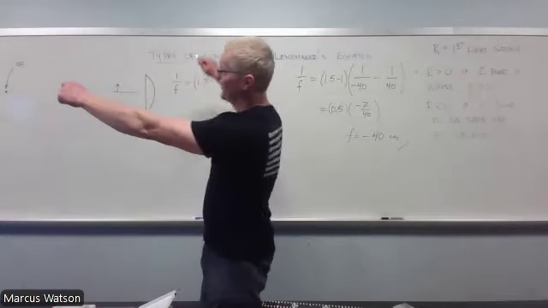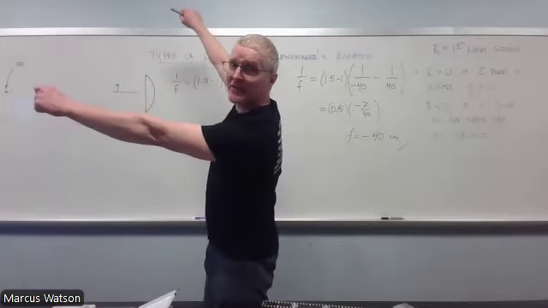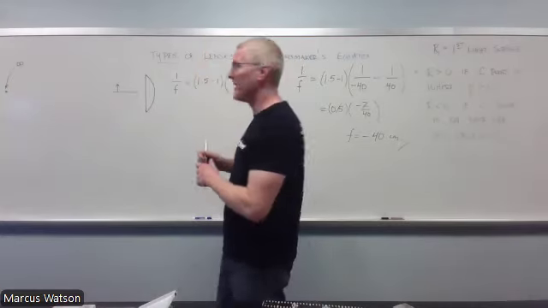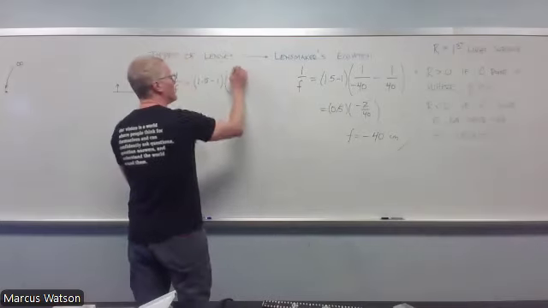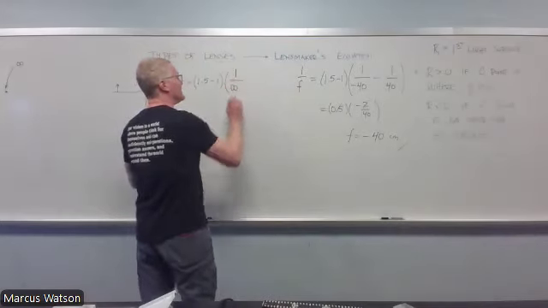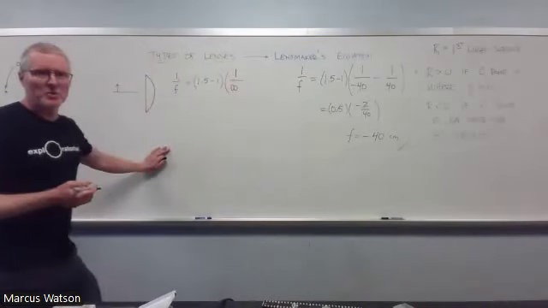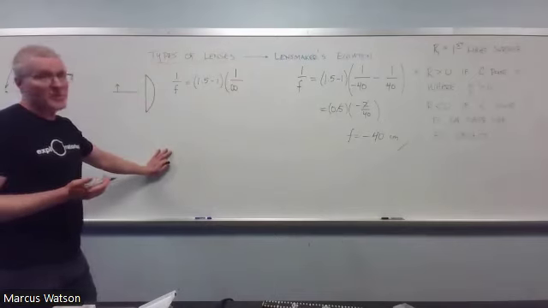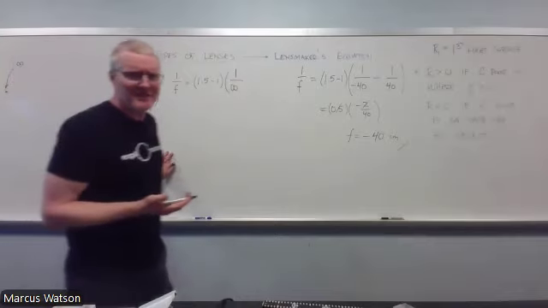So I put my compass there, and it's such a big distance that by the time I get over here, this is essentially flat the entire way. So 1 over R1 is 1 over infinity, because I don't really have a choice. That's going to be 0, which is nice.